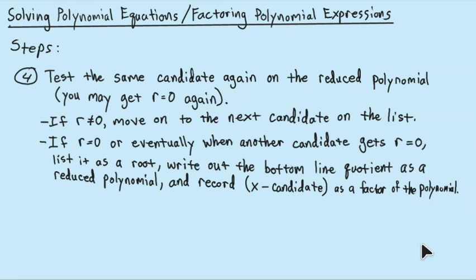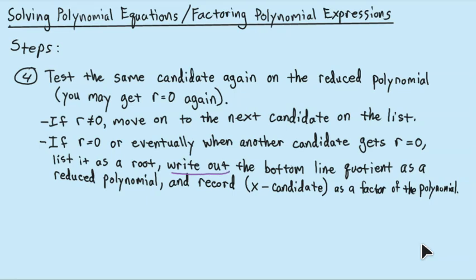On the other hand, if the remainder is not 0 and you move on to the next candidate, you're going to keep moving on to the next candidate as long as the remainder is not 0. Eventually, if you come across another candidate where the remainder is 0, then for that candidate, you're going to list it as a root, just like you did with the first one.